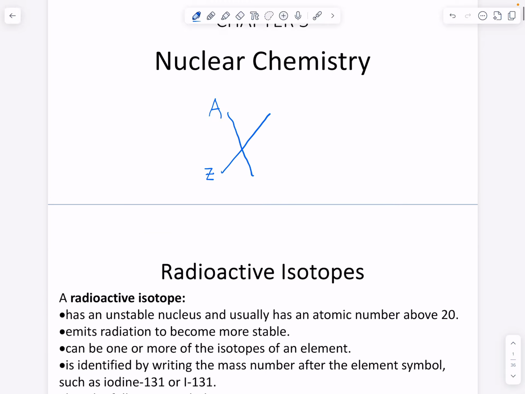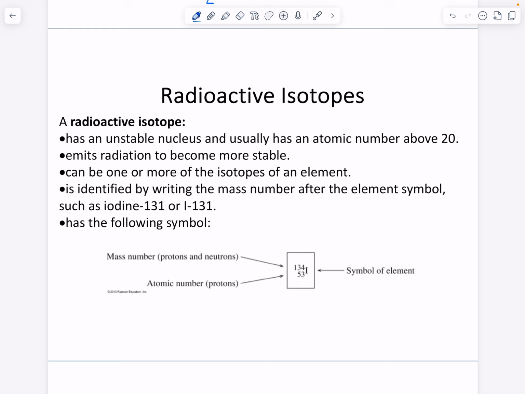So first of all, let's start: what is a radioactive isotope? Last class we said that an isotope is atoms or elements that have the same Z but different mass.